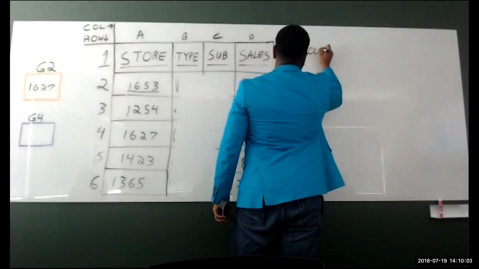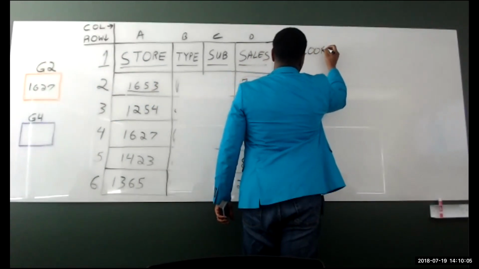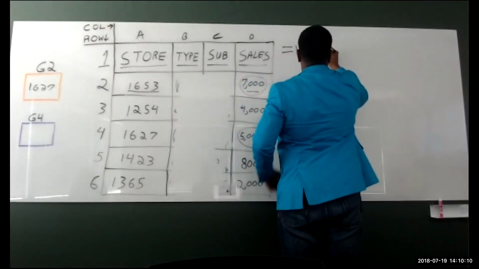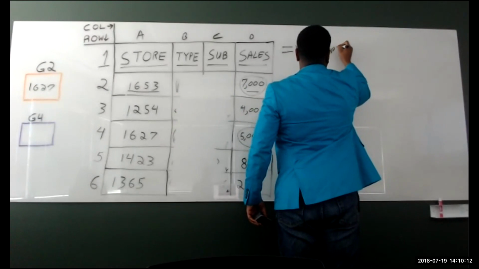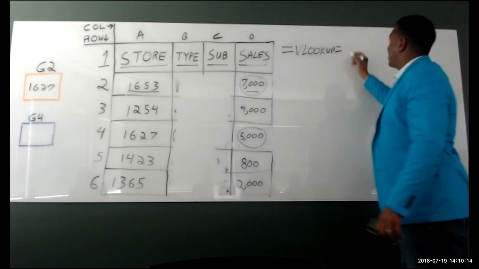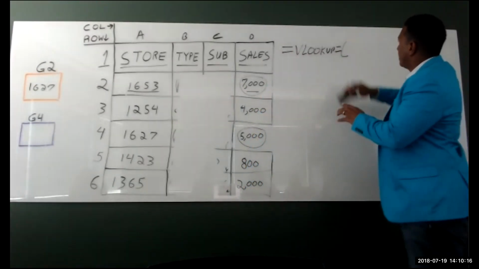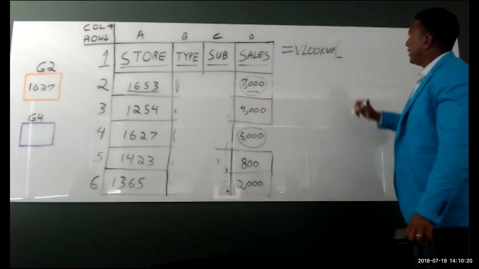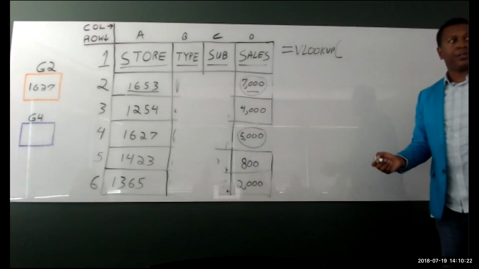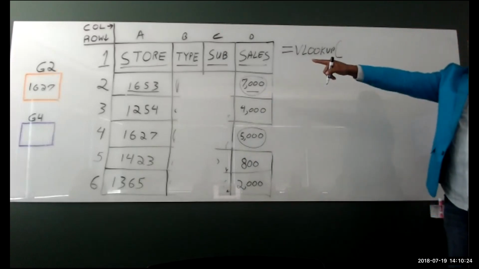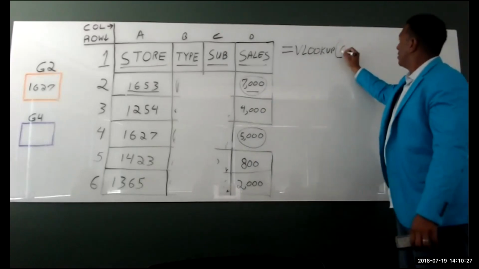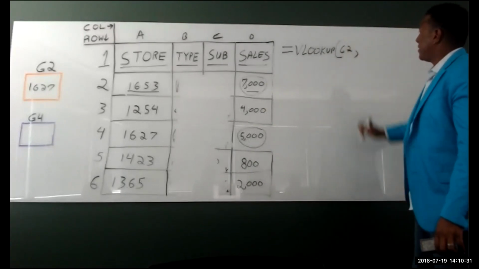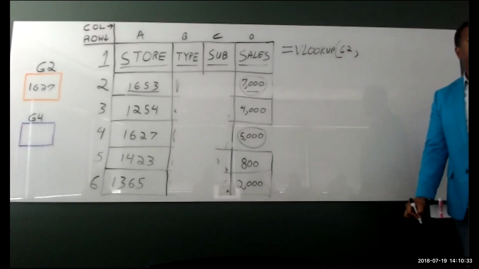We would type VLOOKUP. And the first thing the VLOOKUP is going to ask us for is, what do we want to look up? We're going to use our reference cell of G2. Okay? And then it's going to say, where can I find G2?